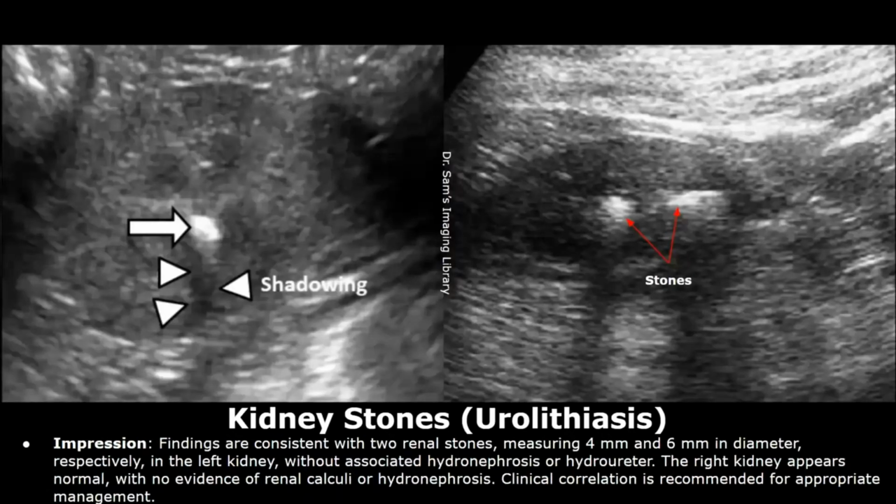In the impression you can mention the presence of stones and their measurements and in which kidney they are found, and also mention any associated hydronephrosis or hydroureter. After these lines you can write about the other kidney, and in the end you must write about clinical correlation.